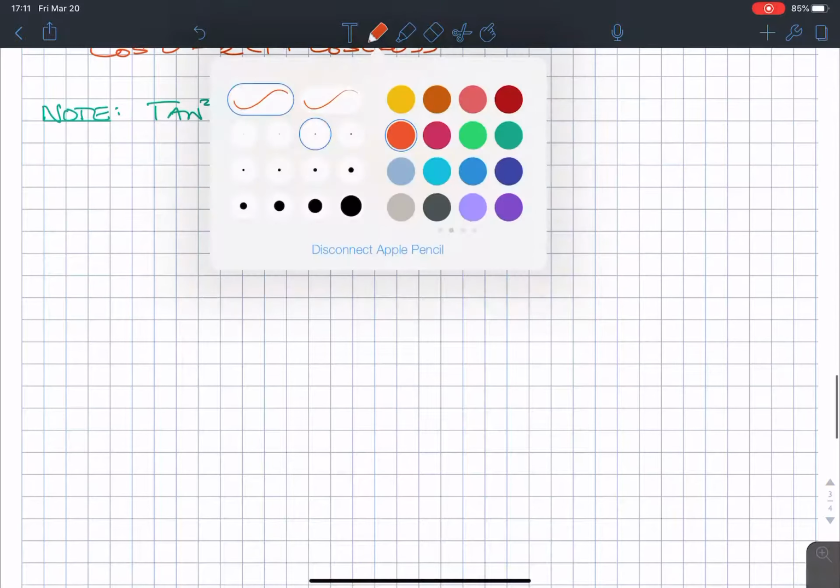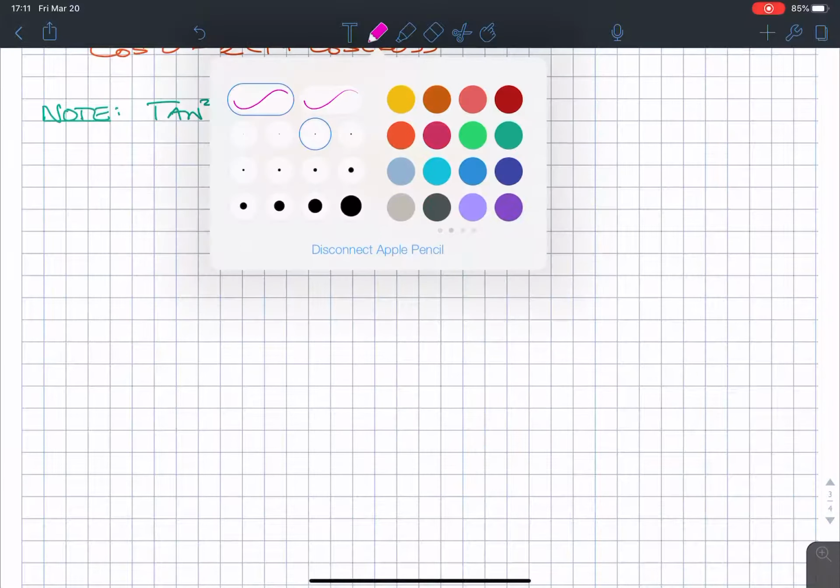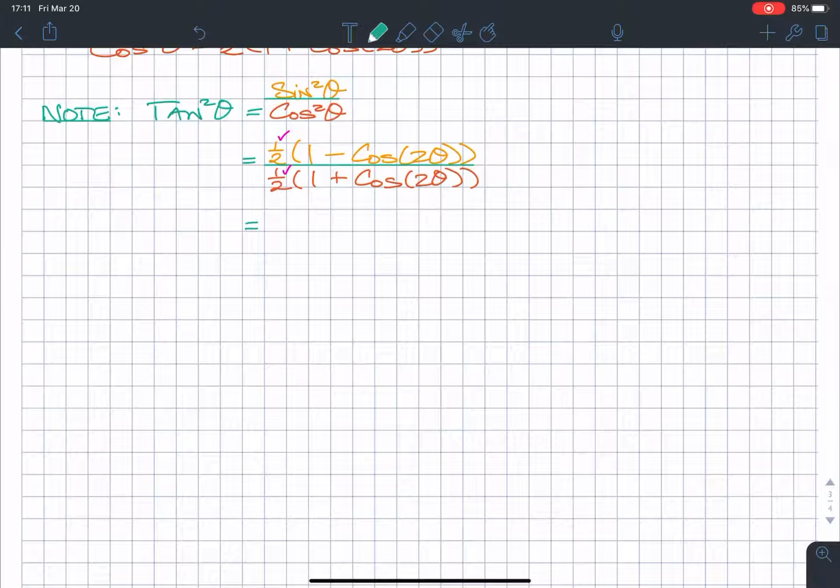So given that these 1/2s reduce, we arrive at tangent squared theta is equal to 1 minus cosine of 2 theta divided by 1 plus cosine of 2 theta.